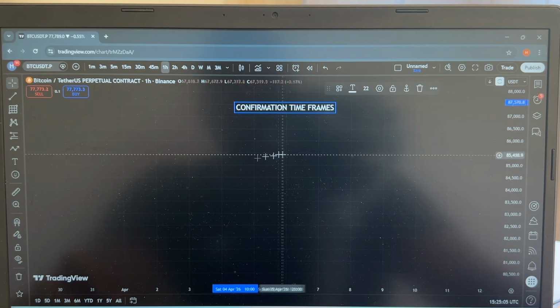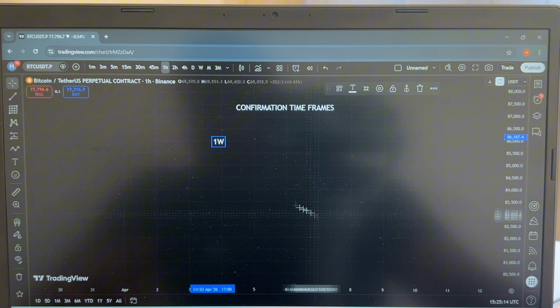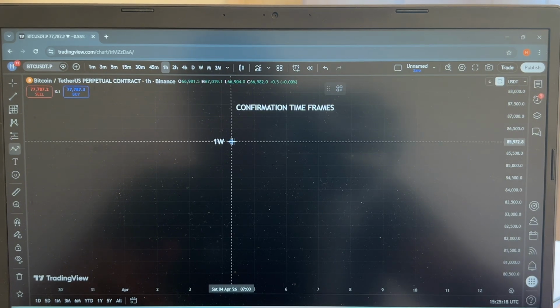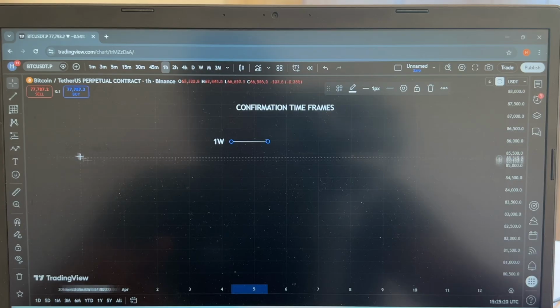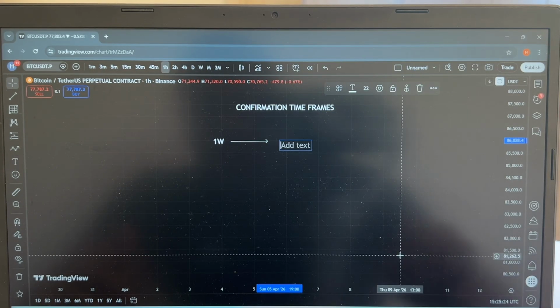We'll start with the weekly time frame. When you go to the 1 week time frame, for weekly, it's going to be 4 hours.